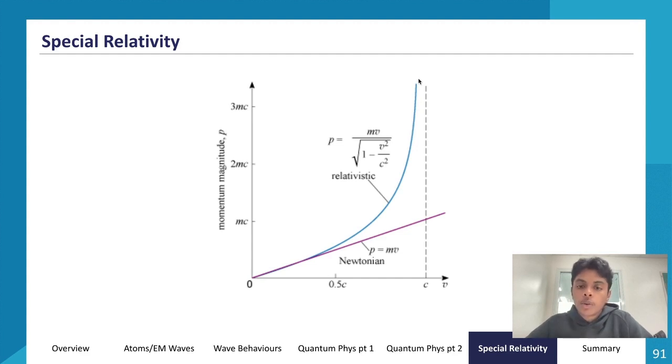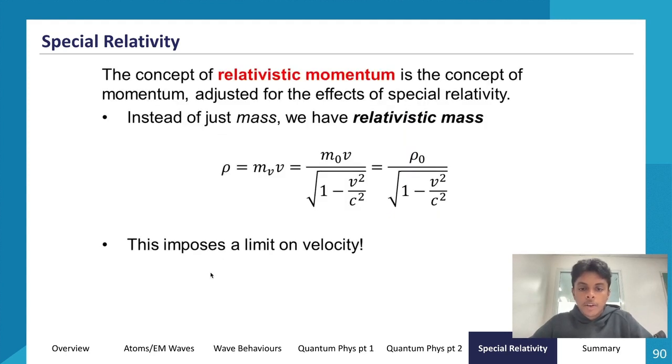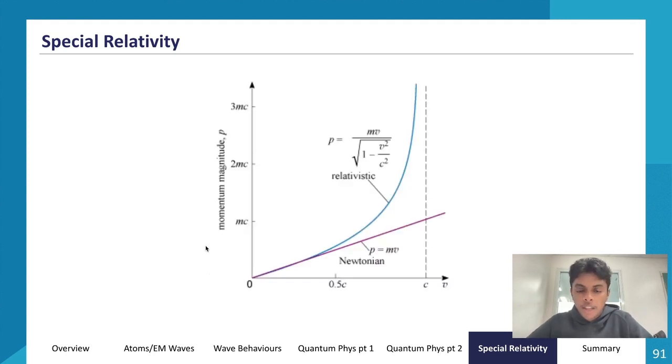And so the energy required to supply an object with this momentum also approaches infinity. And so that shows that we have a limit on velocity. We can never reach the speed of light following our current understanding of physics, because we need to supply an object with infinite energy, which violates the laws of conservation of energy. So that's what happens when we impose a limit on velocity.